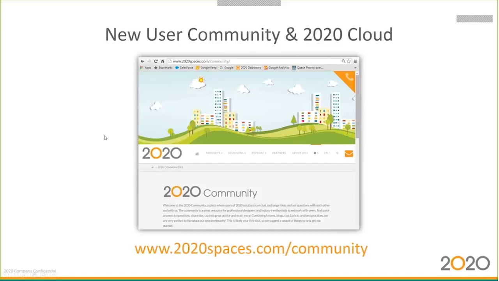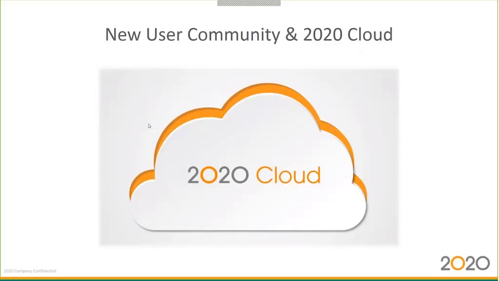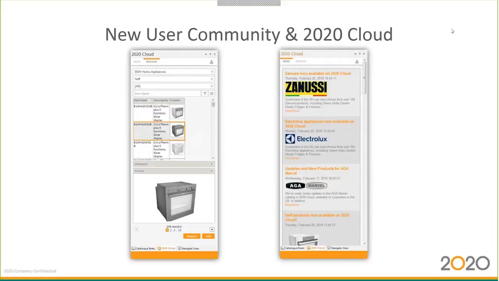So like I said, once you've got a community account, you will be able to log into the 2020 Cloud. 2020 Cloud is available in all versions of Fusion from 4.4 and upwards. So just make sure you're on the latest version and that you've registered to the user community, and then you'll have access to the 2020 Cloud. As I mentioned before, the 2020 Cloud is the future of catalog content.